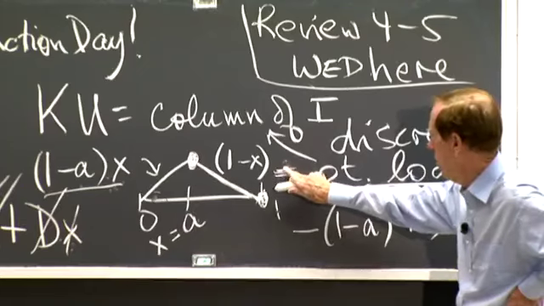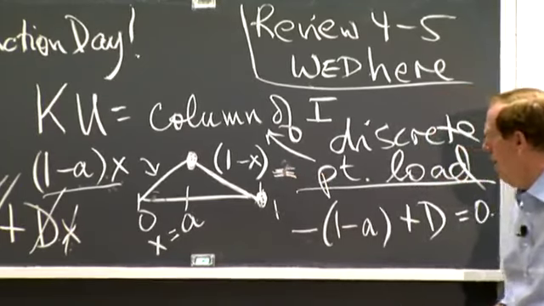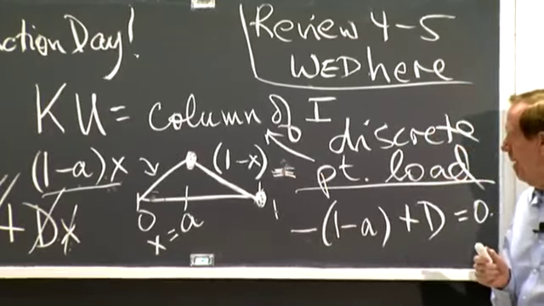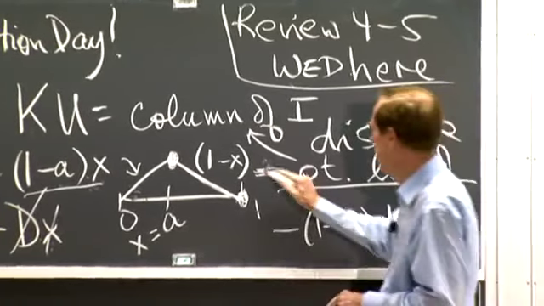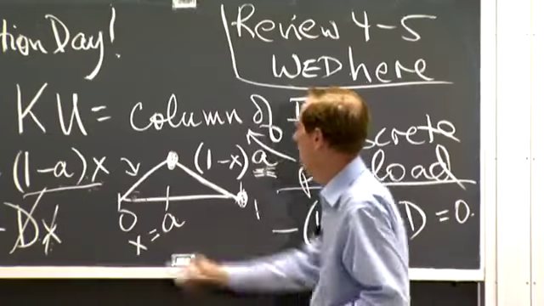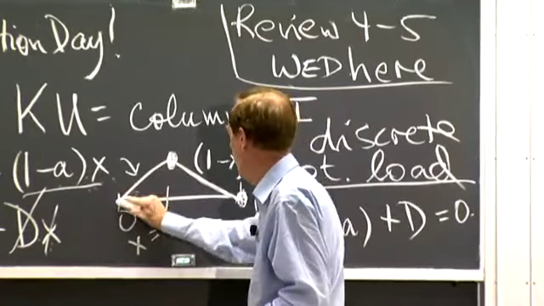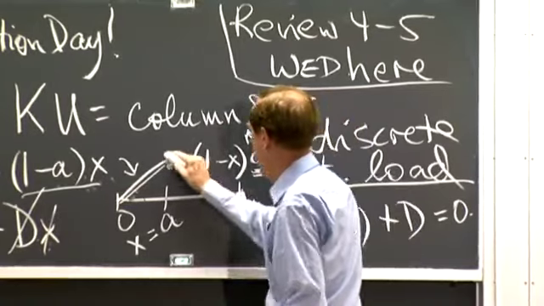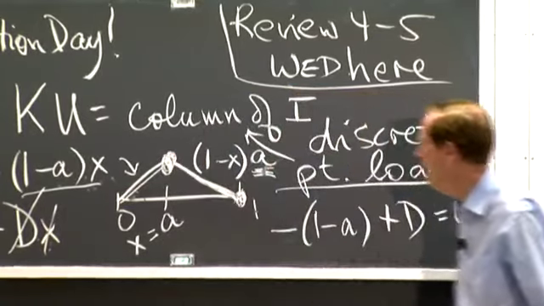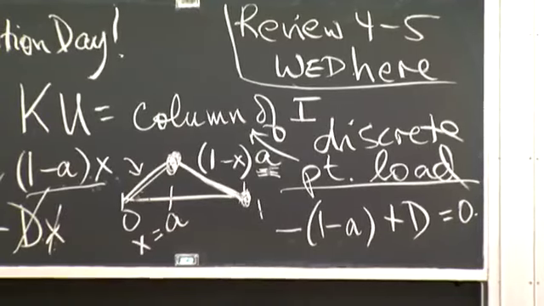What do I put right there? A. Look at the symmetry in those two sides. 1 minus a times x going up, 1 minus x times a going down. At x equal a, it hits that point. Right. So we've solved it.